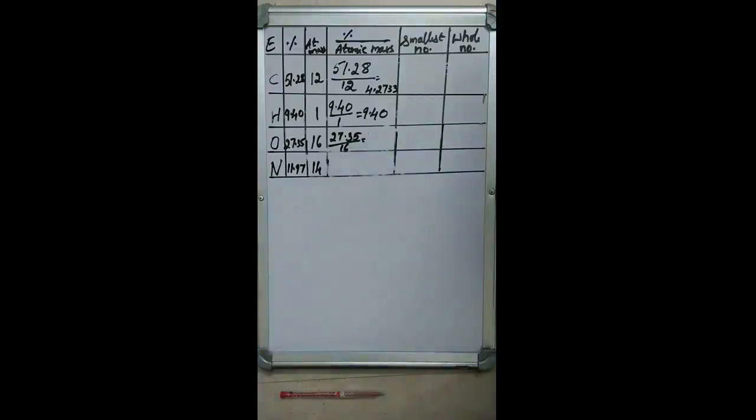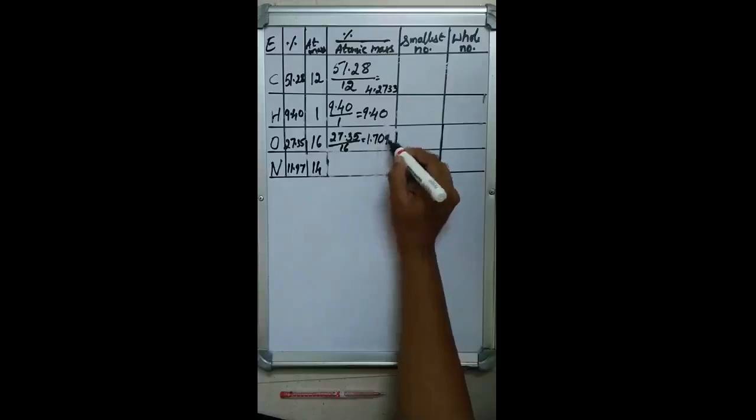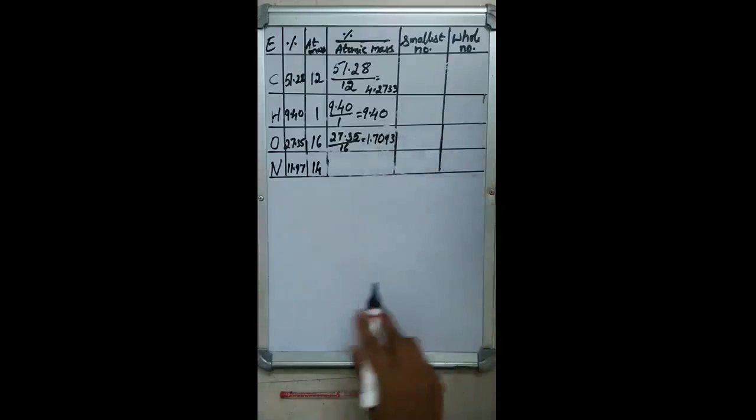Okay, so 27.35 divided by 16. The answer is 1.7093.